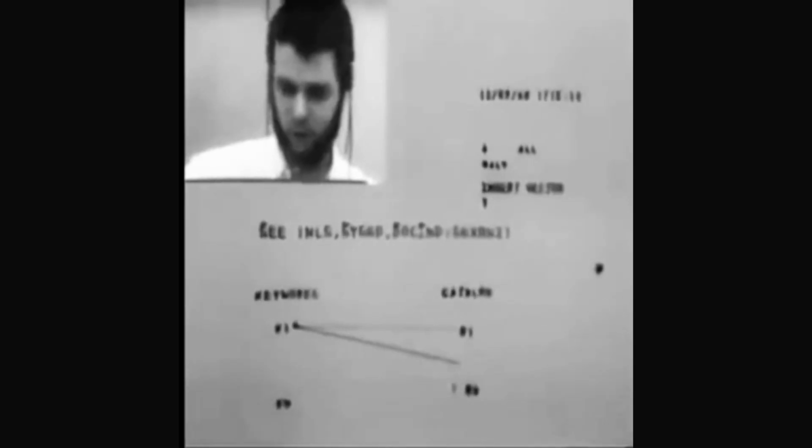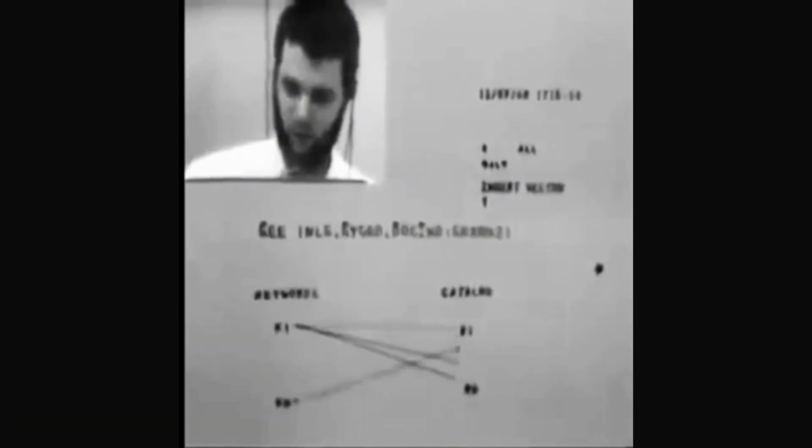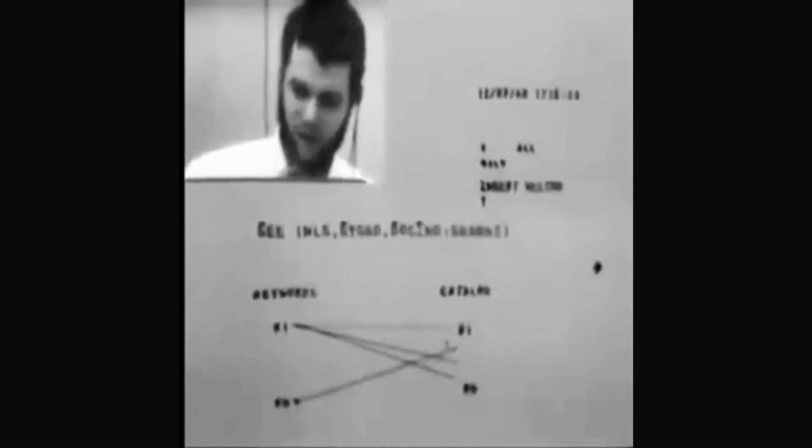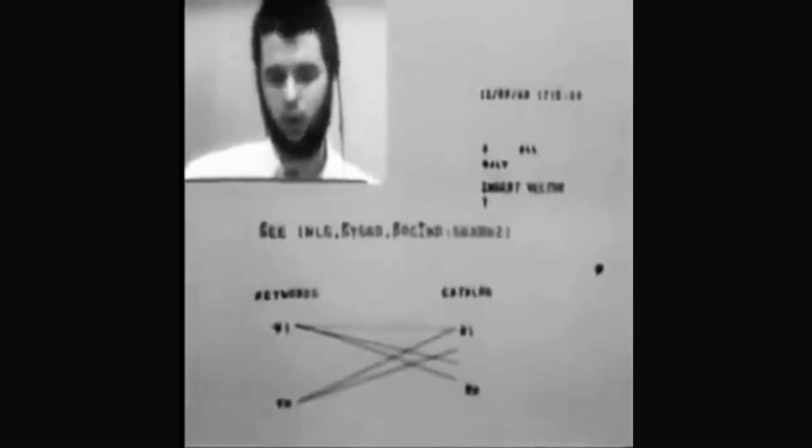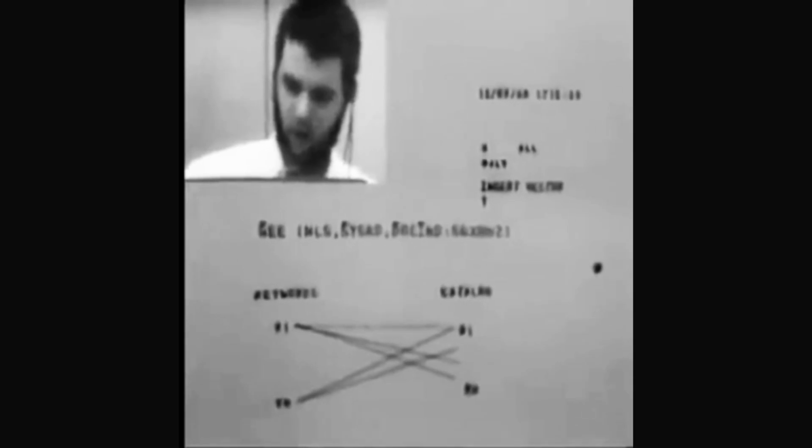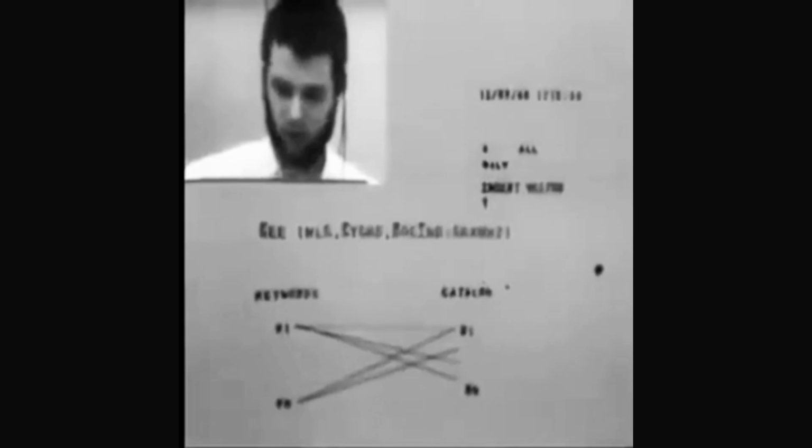That's fine. Each keyword, then, will point to various items in the catalog. So the first keyword may point to those, and then the nth keyword will point to other ones. And there will be cases where they both point to the same one. When I select a keyword, I'm specifying that all of the items in the catalog that it refers to will be pulled out and given to me.